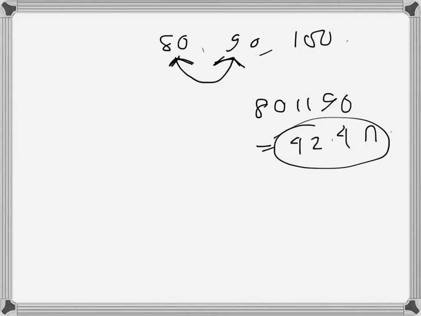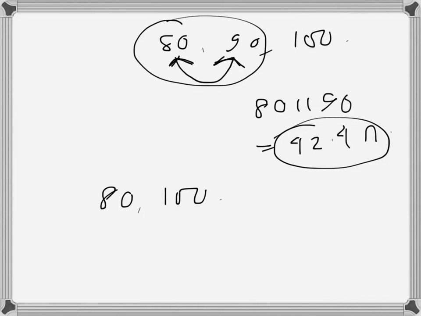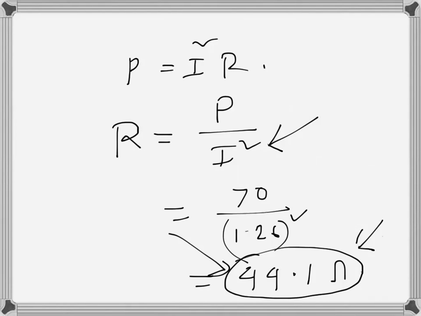So the other option is 80 ohms and 100 ohms. So we can see what is the combination resistance of these two. That is the second cheapest option. So this was the cheapest option, but since we have to use two different bulbs, also, if we used the same bulbs, 80 and 80 would give us 40 ohms in parallel, so that's even less than this one, much less than this one.